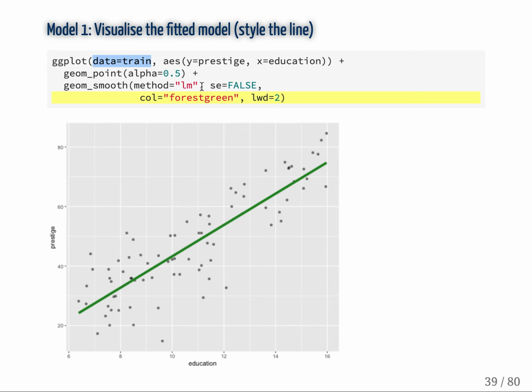So here, if you want to plot the linear regression model, just pass lm. Here standard errors false, then you can't see the standard errors. If you put standard error true, you can view the confidence band as well. If you want to change the color, you can pass it here. I have changed the color to forest green, and by using lwd, you can change the line width.